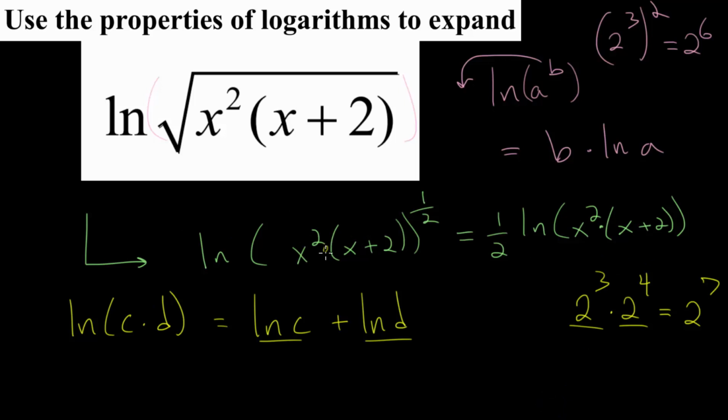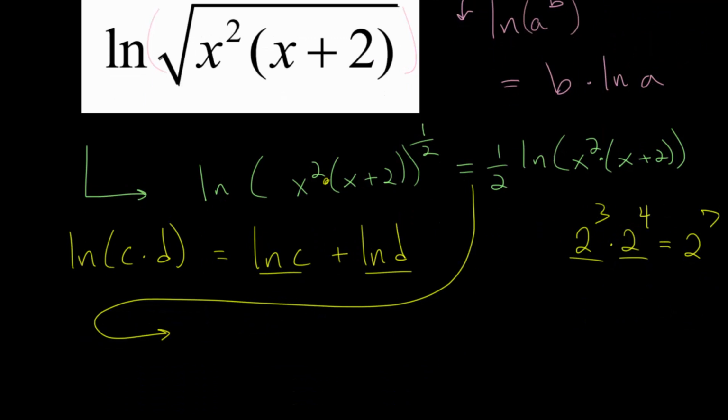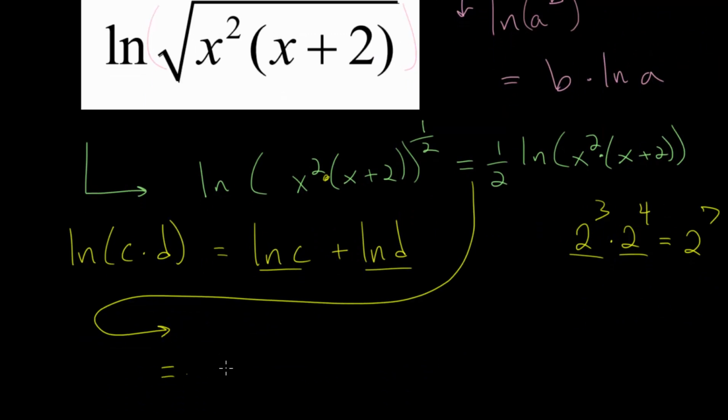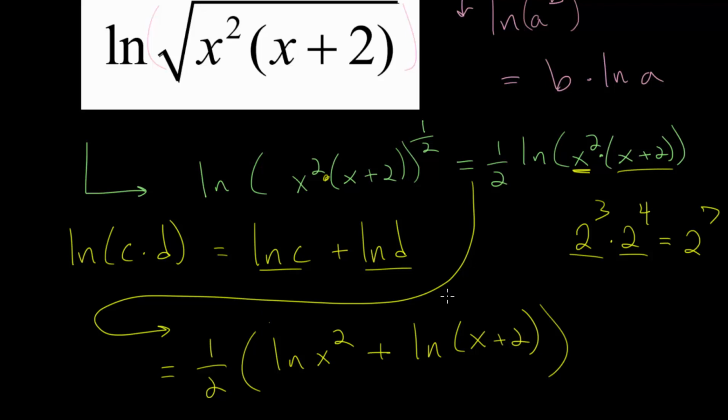And we do have a product here, so we can separate this, and we can rewrite this down here. Let me just make a little bit more room for that. And we have the expression 1/2 multiplied by the natural log of the first factor in our product, which is x squared, plus the natural log of the second factor in this product, which is x plus 2. And of course, this 1/2 will distribute to both, so let me just quickly rewrite that so that we have 2 separate terms here.